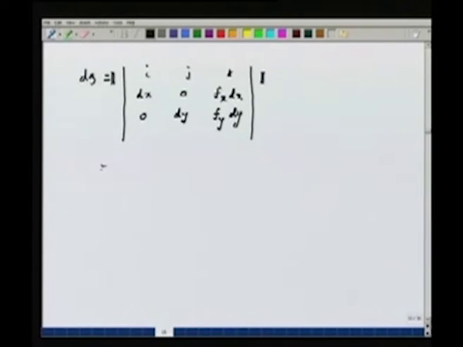Now what is the norm of this vector? It is the norm of the vector (minus fx dx dy, minus fy dx dy, dx dy).